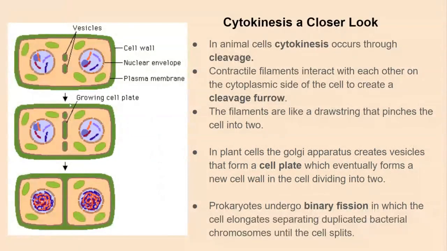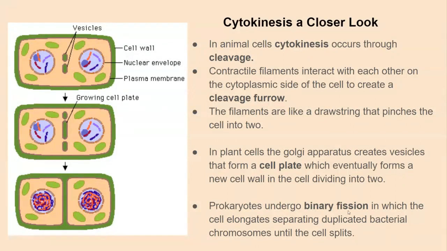So instead of pinching in half, plant cells grow a cell plate in the middle from vesicles that are filled with the same thing that the cell wall is made out of, cellulose. So they do not go through cytokinesis. Instead, they produce a cell plate, which eventually will become a cell wall. And then each of these daughter cells will elongate back to their normal size.